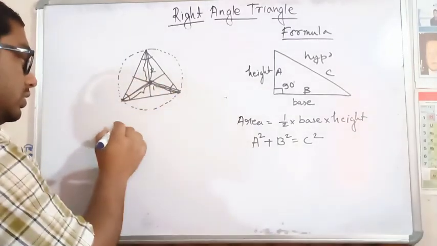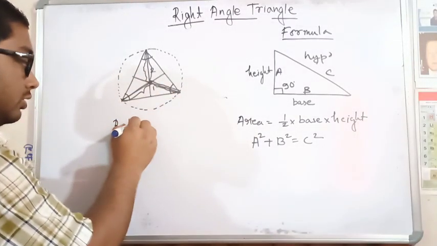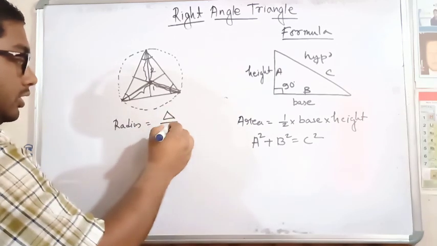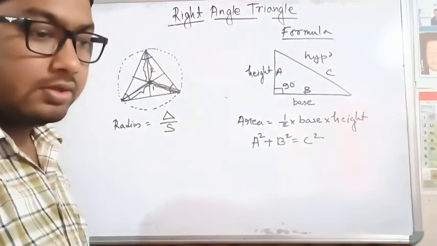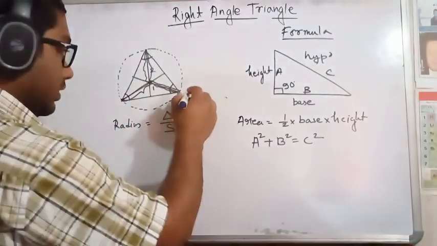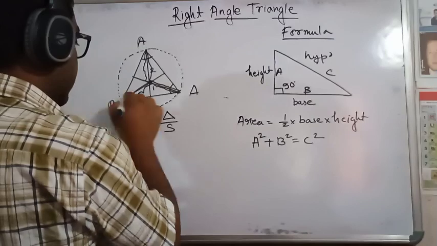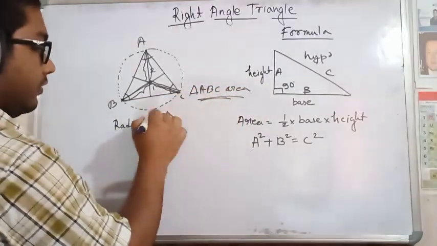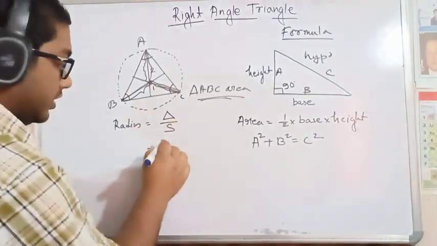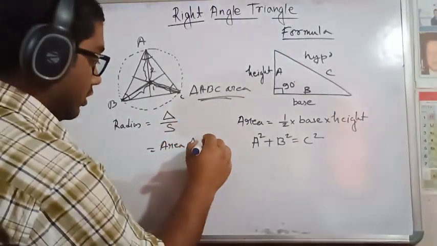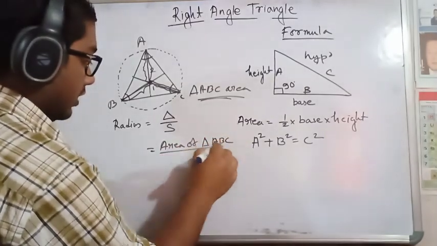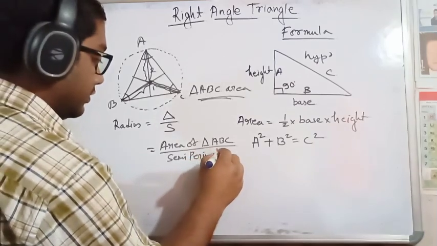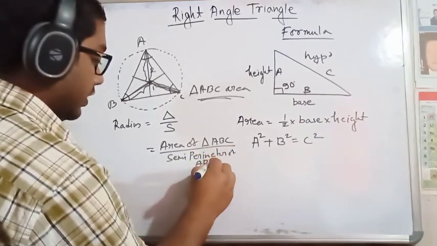So the length of this radius is equal to delta by S. Delta means the area of triangle ABC, and S is the semi perimeter of triangle ABC.